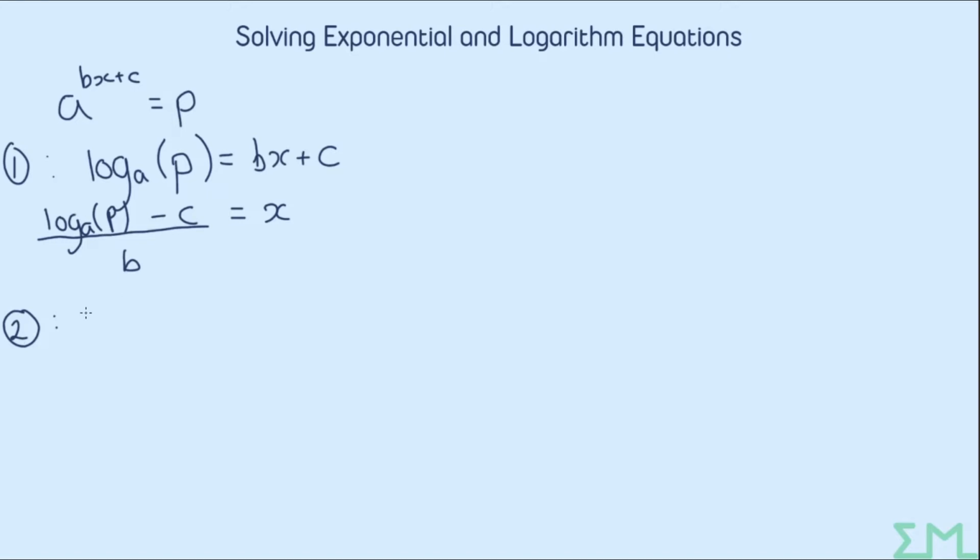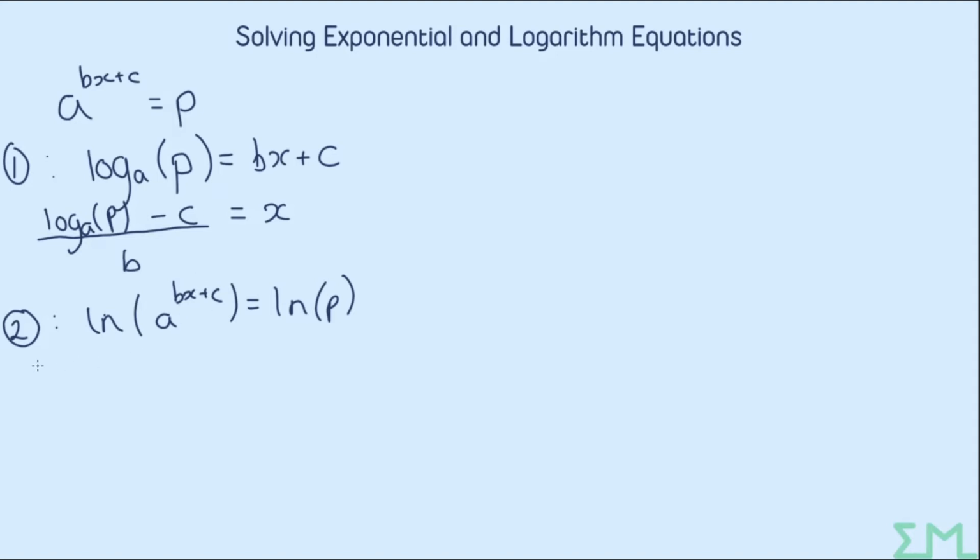You could use log, as in log base 10, if you preferred, but the idea is that you basically apply your chosen log function. It doesn't have to be the same base as the one in the equation, so I'm not using log base a here, I'm using log base e. You apply that to both sides of your equation, and what that allows you to then do is implement one of your log laws, which is where you bring the power down.